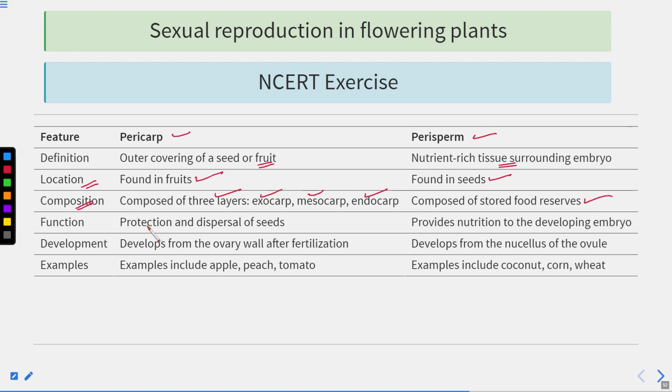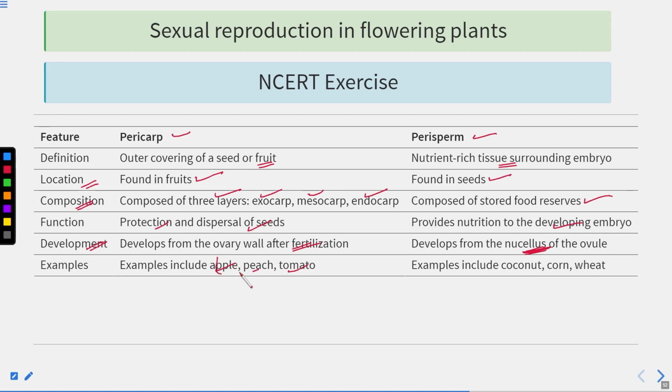What is the function of the pericarp? It is the protection and dispersal of the seeds, whereas function of the perisperm is to provide nutrition to the developing embryo. Now, development of the pericarp develops from the ovary wall after the fertilization, whereas the perisperm develops from the nucellus of the ovule. Okay. Now, examples of the pericarp include apple, peach, and tomato.